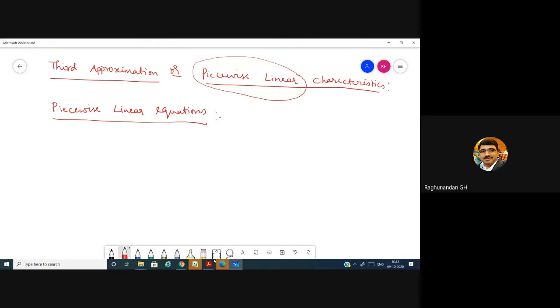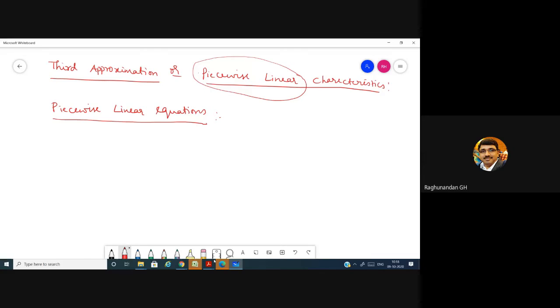whatever circuit you draw, whatever thing you tell, you should give a mathematical proof. Since you need to give the mathematical proof, they used piecewise linear equations to prove this third approximation, to prove that this is almost equivalent to the practical VI characteristics.